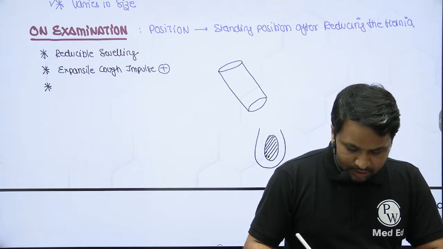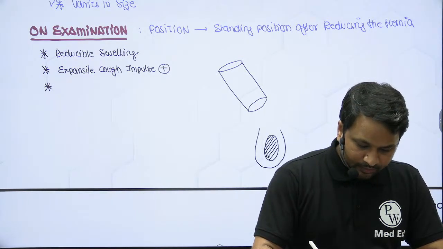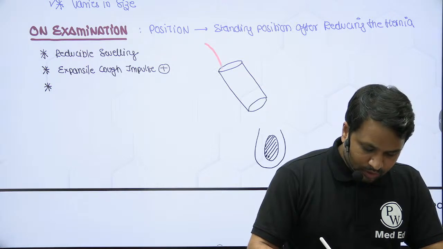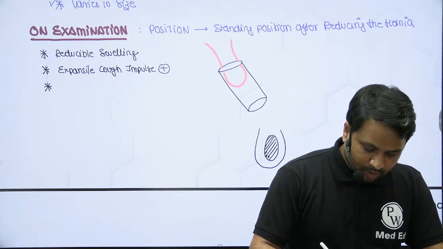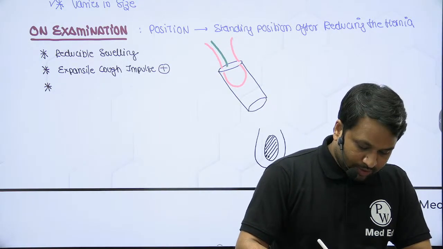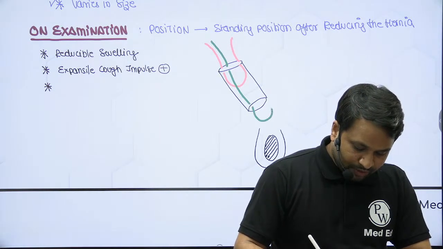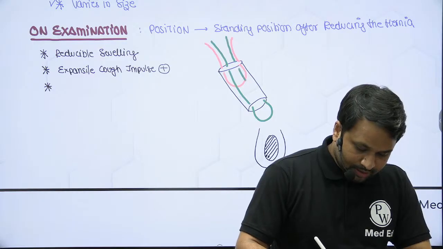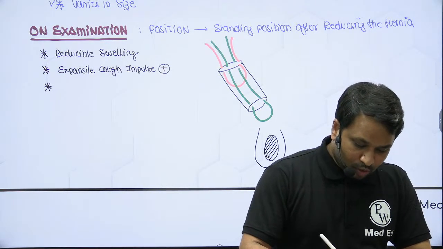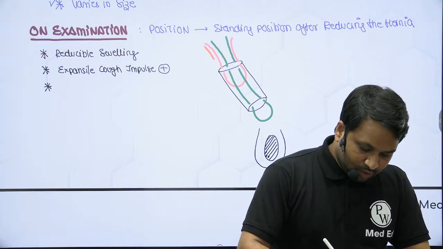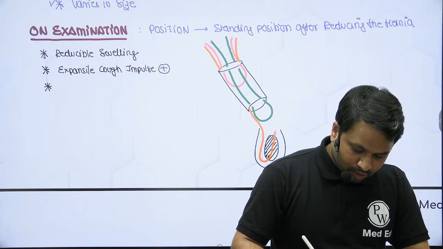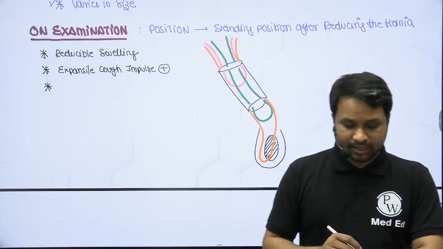Once the hernia sac starts to descend, if it reaches only the deep inguinal ring, not beyond this, this is called a bubonocele. If it reaches all the way to the superficial inguinal ring, this is what we call the funicular variety. If it goes all the way and reaches the scrotum, this is called a complete variety, right?